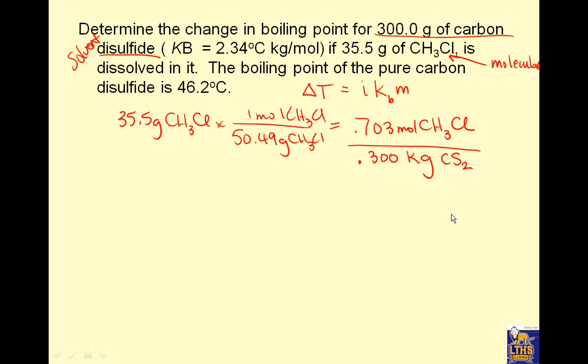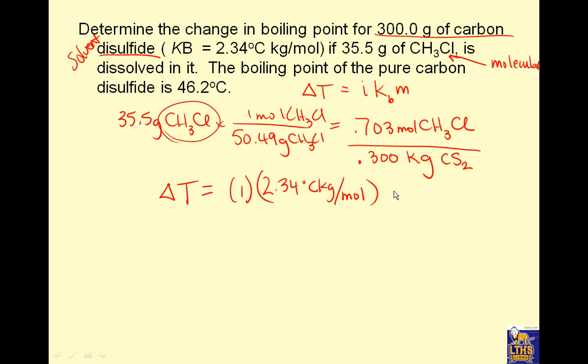Okay, why are these things dissolving? Because they're both covalent things. So then how do you figure out delta T? We have to plug in i. Since this is molecular, i equals 1 because it doesn't break apart, so it's 1 for 1. The Kb is given to us, and it is 2.34 degrees Celsius kilogram per mole.